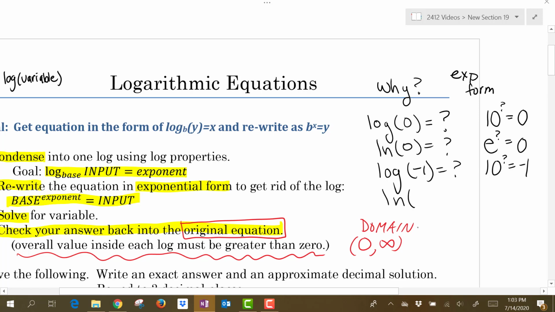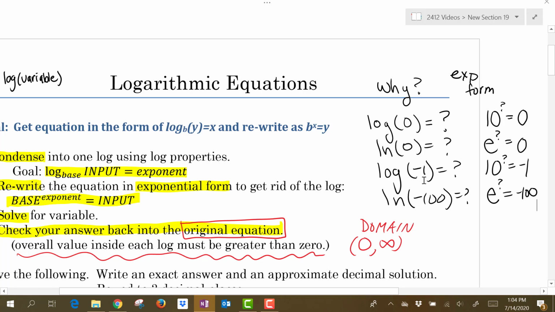Let's take a natural log of, let's say, -100. If I was going to solve that, I would say the base of the log raised to what exponent would equal the input of the log. There is no power that I can put on e that would allow me to get to -100.